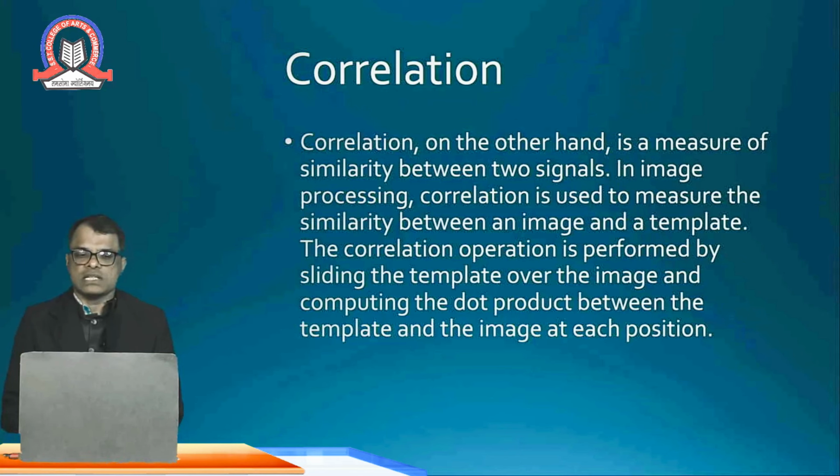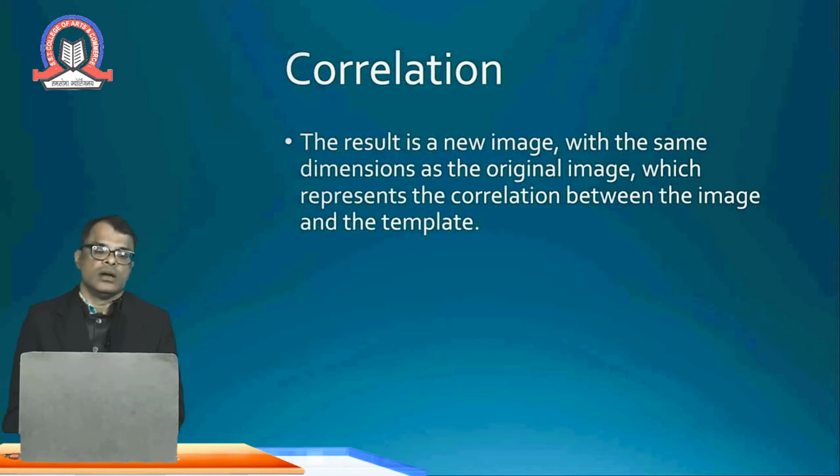It is more or less similar to our convolution, but here we measure the similarities between the signals. Whatever signals we are using, we try to find out the similarities between the two signals. The result is a new image with the same dimensions as the original image, which represents the correlation between the image and the template.